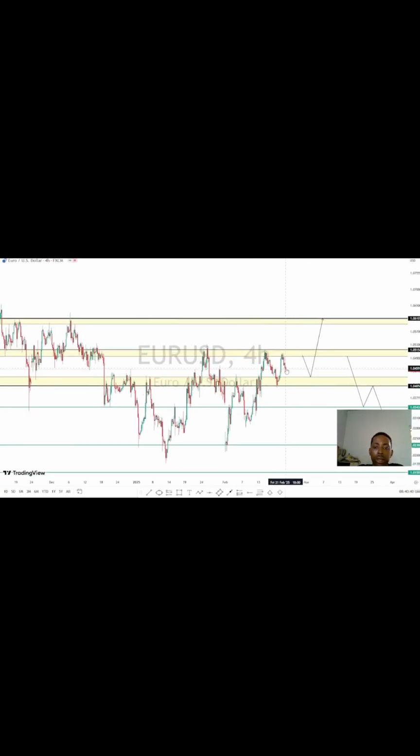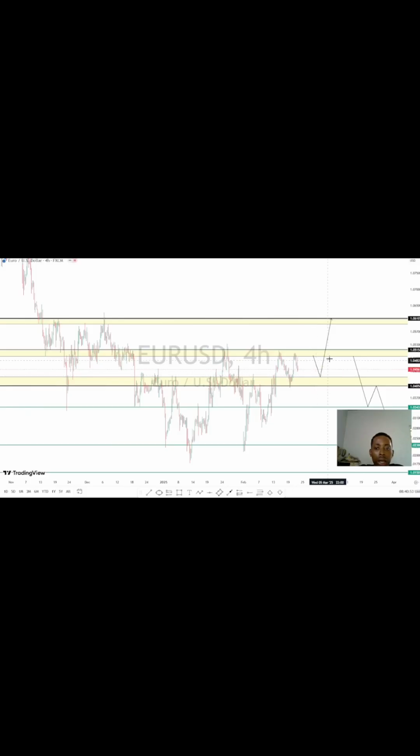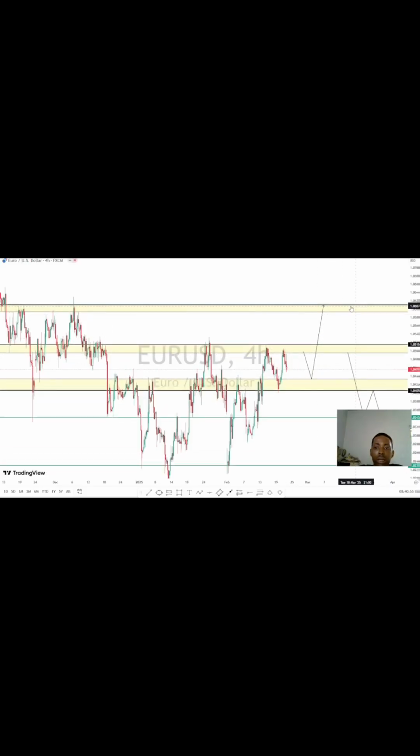Either we hit this level, giving me a daily candle, something like a daily shooting star, a daily hammer, a daily inverted hammer, any daily bullish candle I see around this level, then I'll be executing from here, and my take profit is around 1.0610.